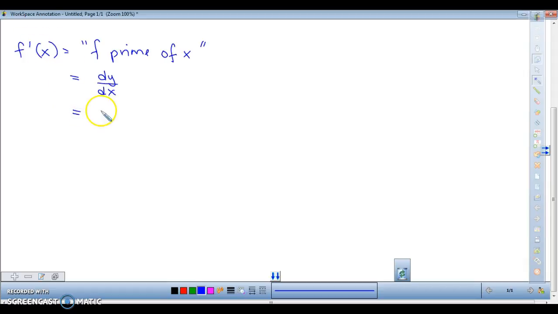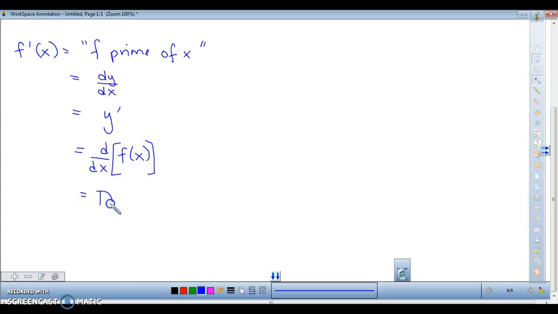Because f of x is the same thing as y, we can write it as y prime. We could also write it as the derivative of f of x, or the difference in your y over the difference in your x, so we call that d dx of f of x.